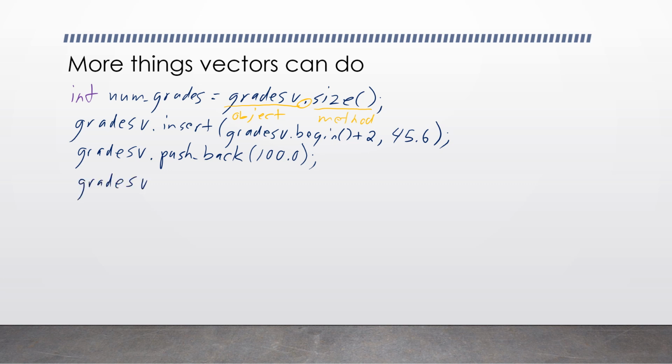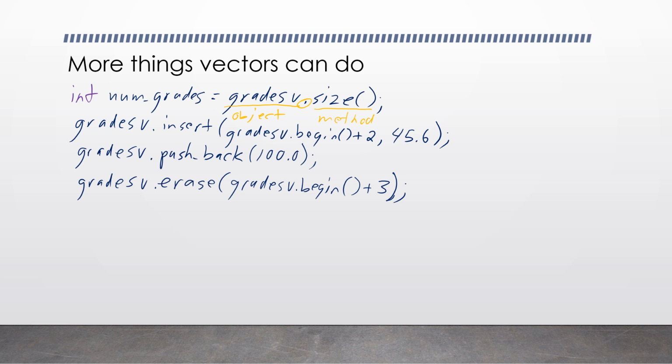And maybe there's one that I don't like having anymore. I made a mistake or something, so I can do grades_v dot erase, grades_v dot begin plus 3, and that will remove one from my array.